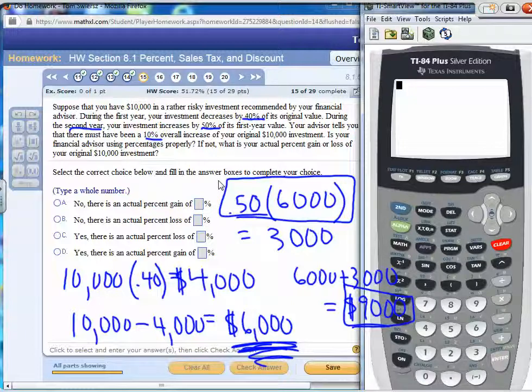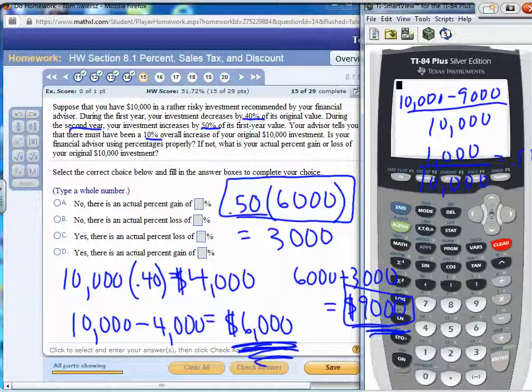Now, your advisor tells you that there must have been a 10% overall increase. That's definitely wrong, right? We went down to 9,000. So if not, what is your actual percent gain or loss? Well, the percent decrease is 10,000 minus 9,000 over 10,000, and 10,000 minus 9,000 is 1,000. 1,000 divided by 10,000, the math is easy, is actually 10%.